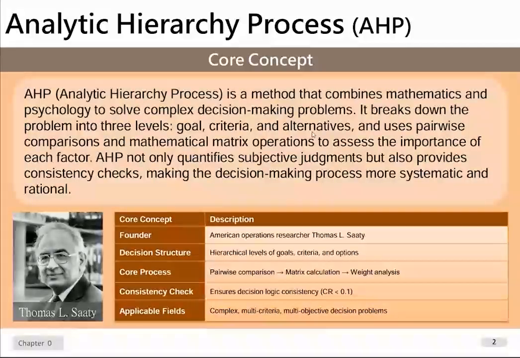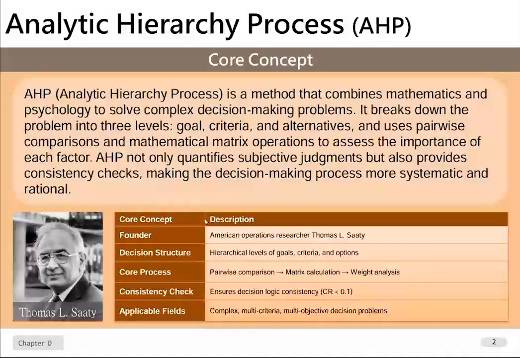Not only your mental feeling, but it makes this kind of mental feeling become numbers, so that you can analyze all these different factors and then finally make a reasonable decision. I think that's the interesting part about AHP. It's a combination of mathematics and psychology.